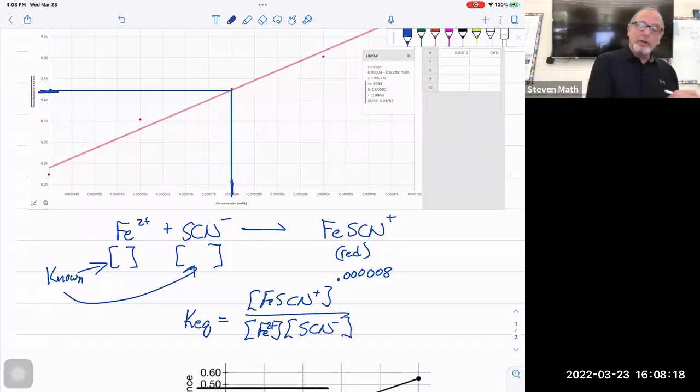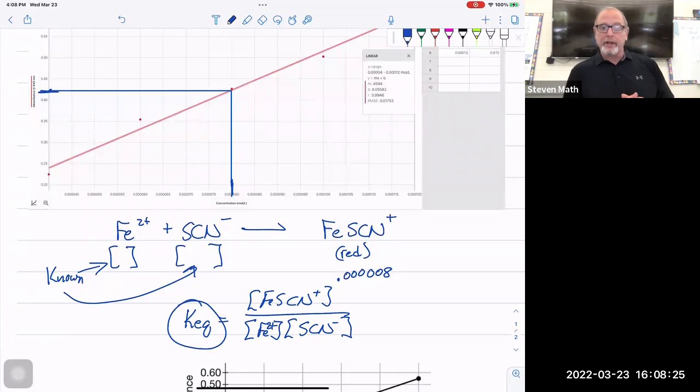From this, using our spectrometer, we can calculate the Keq for this complex ion formation. And that's kind of unique.